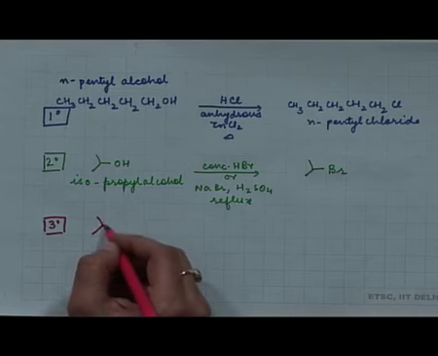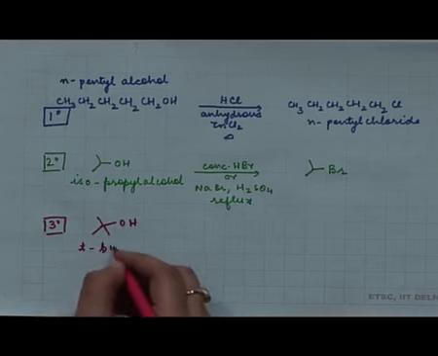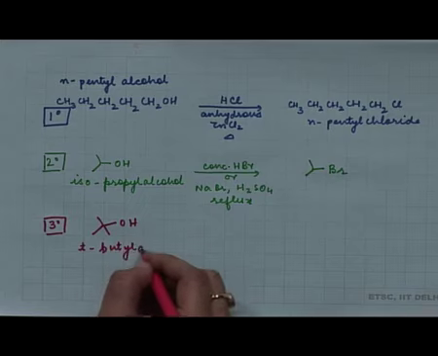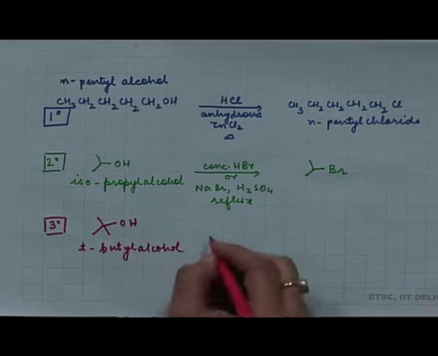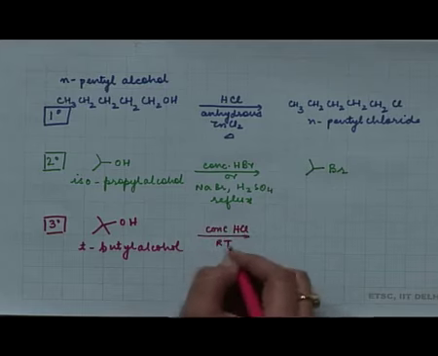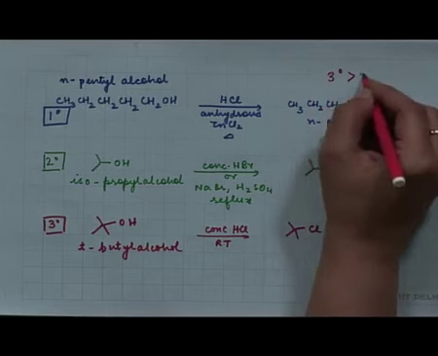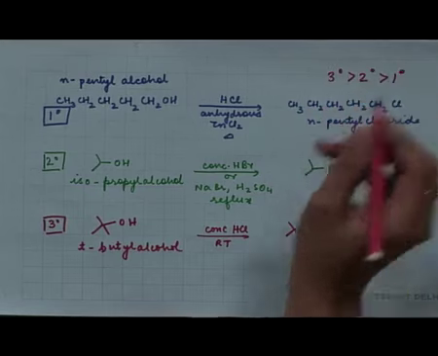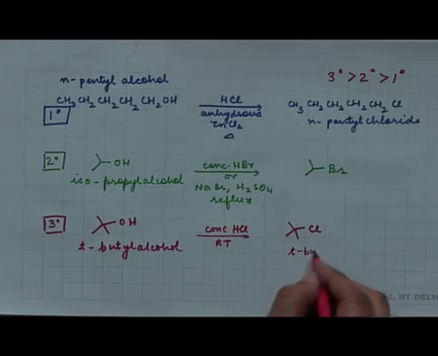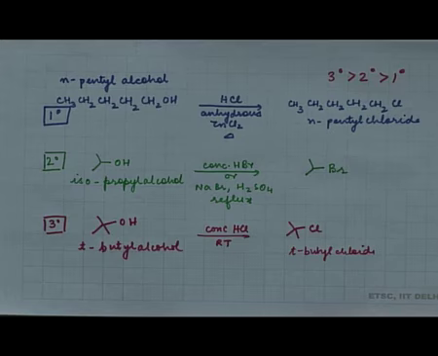If you take a 3 degree alcohol, tertiary butanol, for this you need much milder conditions. You treat it with concentrated HCl, even at room temperature, and this gives you tertiary butyl chloride, and this we saw is based upon the reactivity of 3 degree alcohols being much more as compared to 2 degree as compared to 1 degree. This is what we just saw.